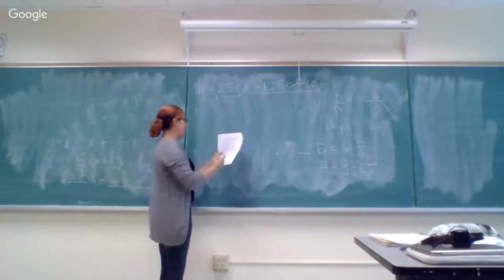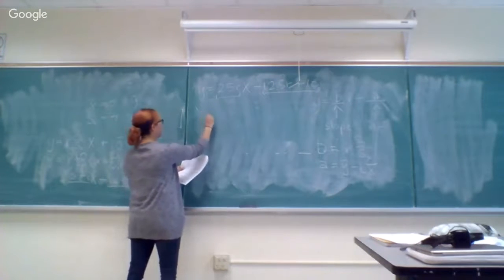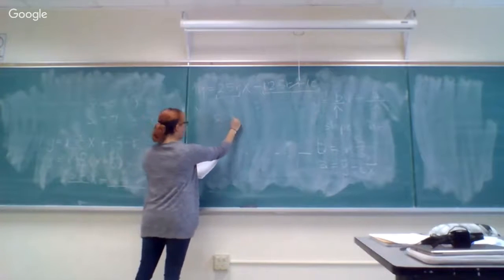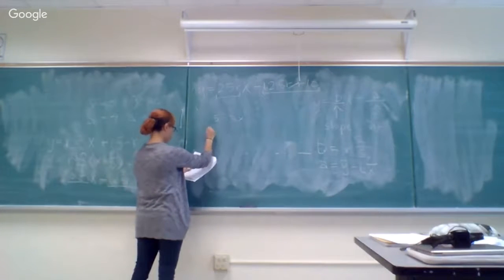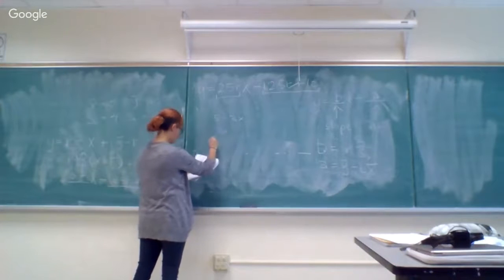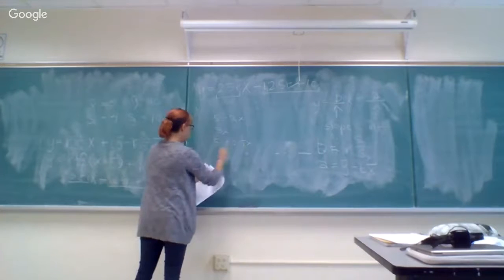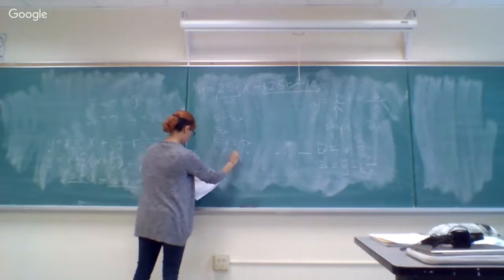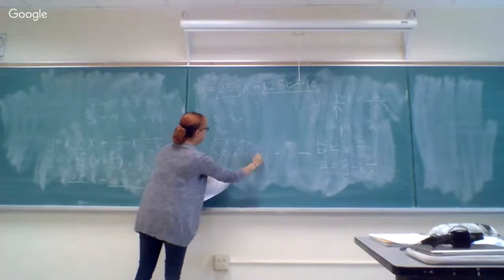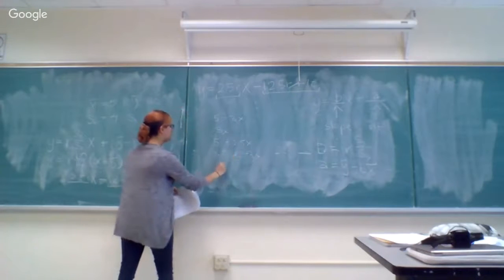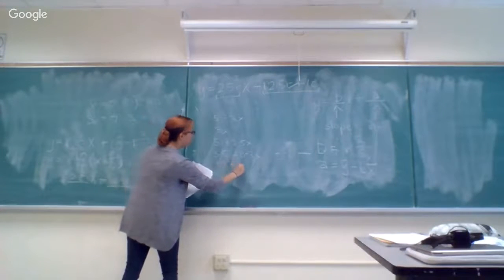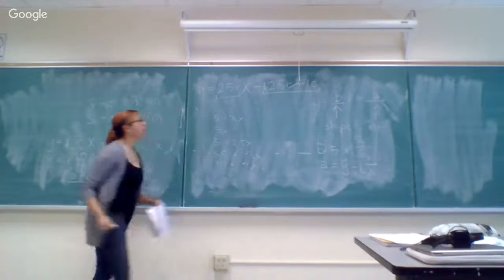So the options are, I'm going to quickly write these out. 5 minus 3x, 5 plus 2.5x, 8.5 plus 0.3x, and 10 plus 0.4x.